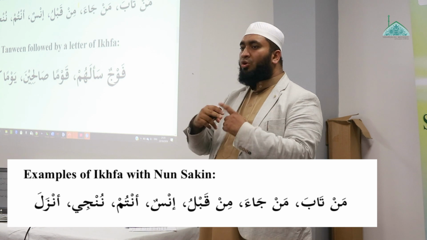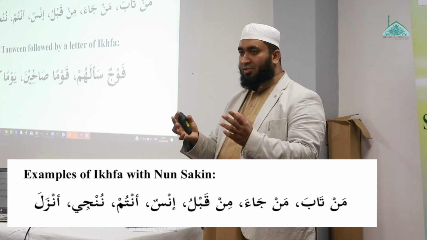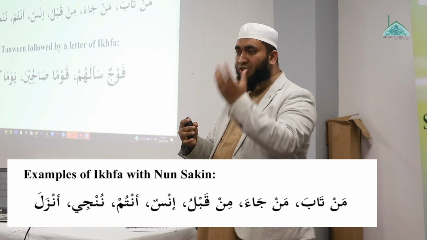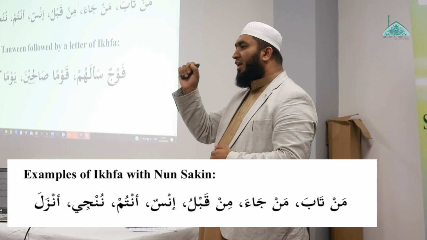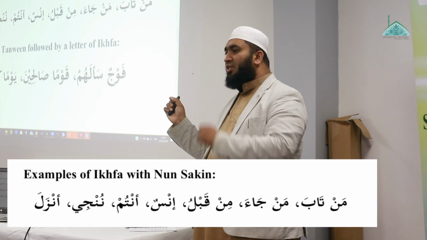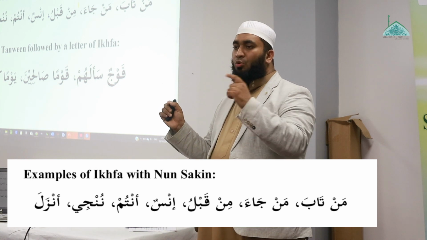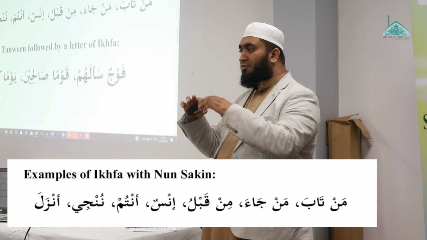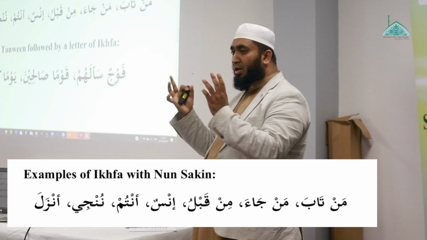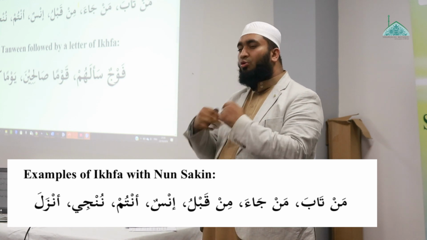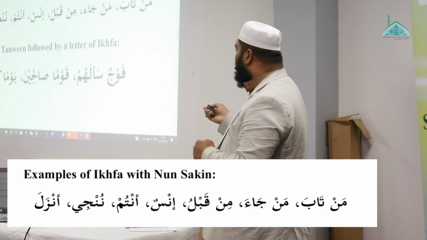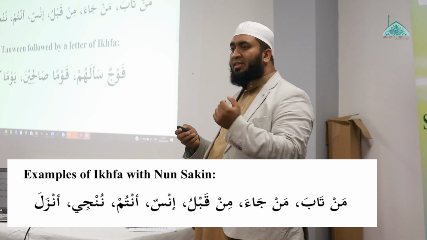Okay, now this Ghunnah will be different, not lengthwise but pronunciation-wise. How? If the letter following the Ghunnah is light, the Ghunnah will be light. If the letter is heavy or full mouth, the Ghunnah will be full mouth. So because Ta is light, we say Man Taba.